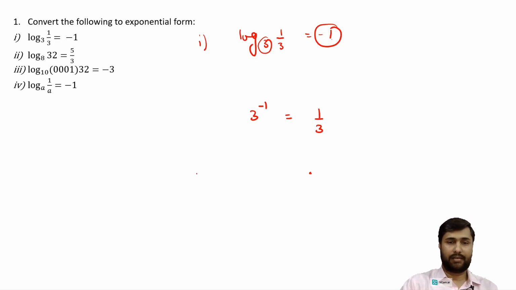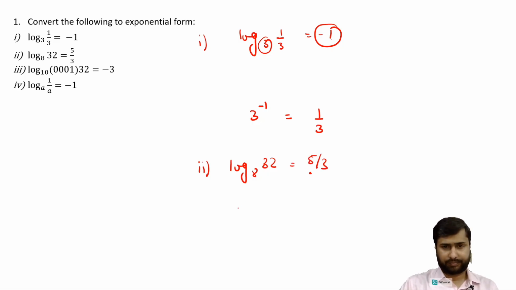Let us have a look at the second part where the question says log of 32 to the base 8 is equal to 5 by 3. So again 8 is the base, 5 by 3 is the exponent, and this is equal to 32.